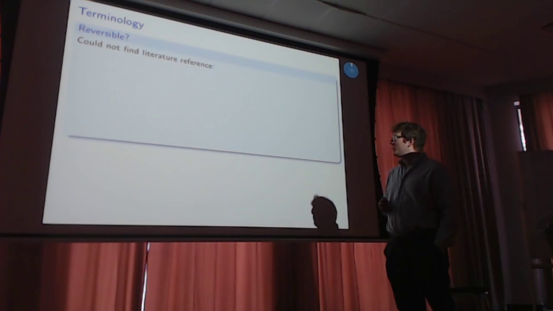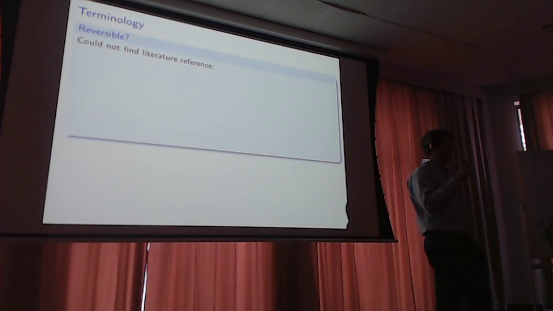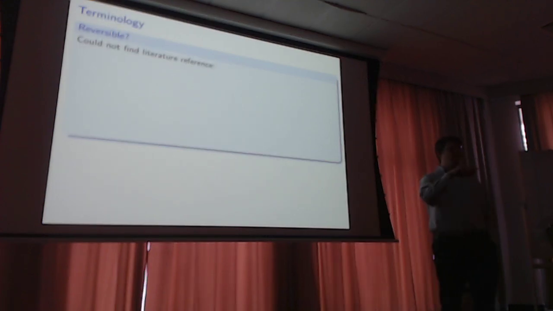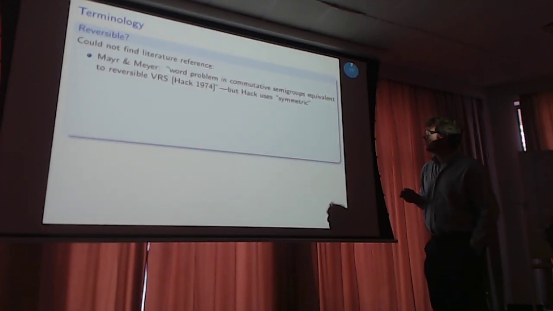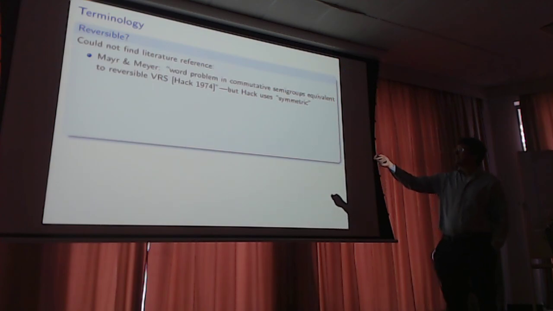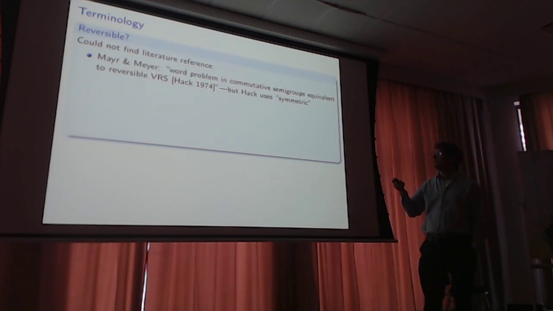Then we started working on this and writing the paper, and in the preliminaries I wanted to say this is called reversible, and add a reference to the first paper that calls this reversible. But actually, there's no paper that does this. For some reason, we all think this should be called reversible, but in the literature it's never really been called reversible. There's one occurrence in the Meyer paper that says the word problem in commutative semigroups is equivalent to reversible vector replacement systems, and they cite the Hack paper from 1974.